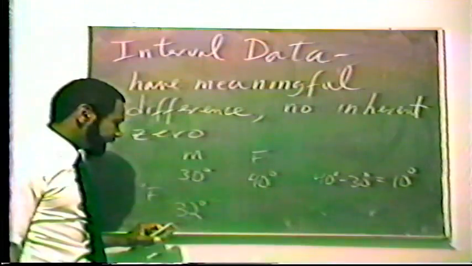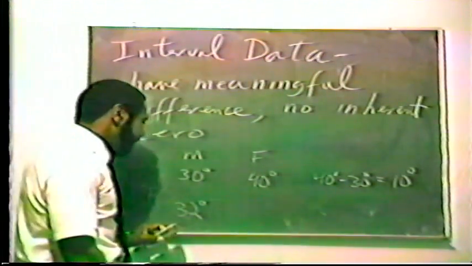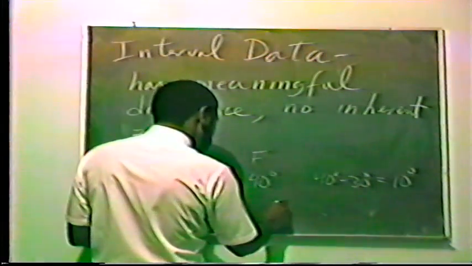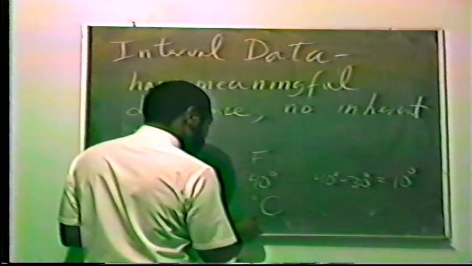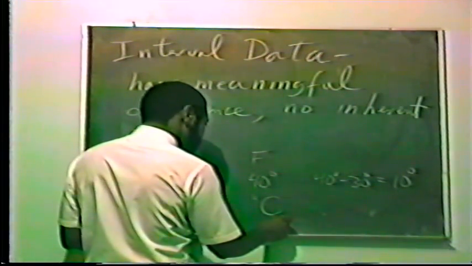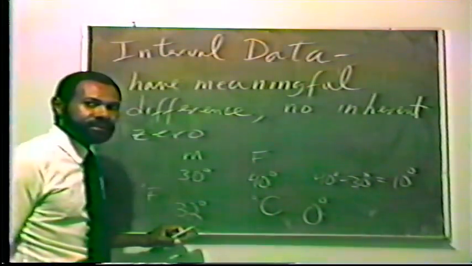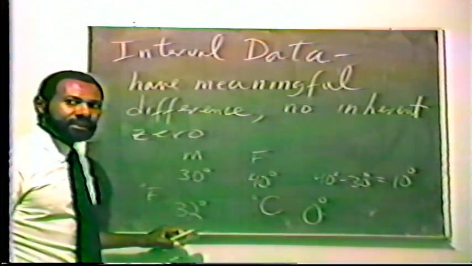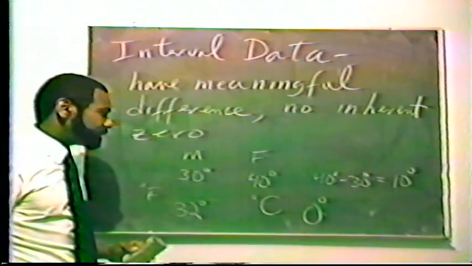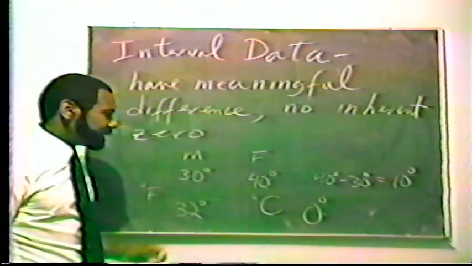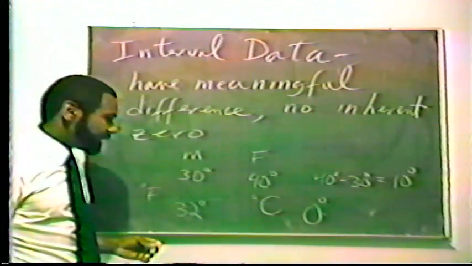Right, 32 degrees. If we look at the centigrade scale, degrees centigrade or Celsius, the freezing point of water would be 0 degrees. So there is no real inherent zero when you have an interval scale.